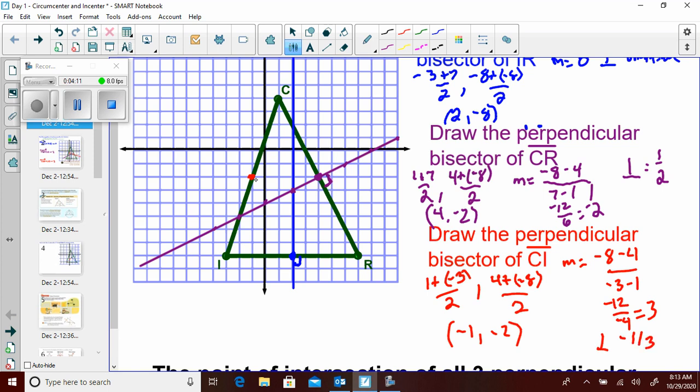So from here, I'm going to go -1/3. Down 1, 1, 2, 3, down 1, 1, 2, 3, and I can go opposite, up 1, 1, 2, 3. And I'm going to draw my line.